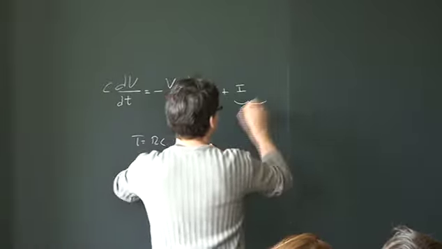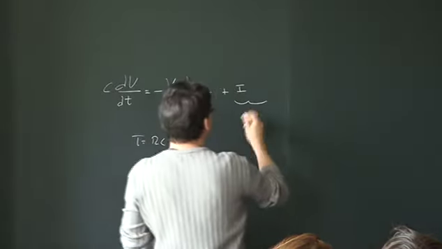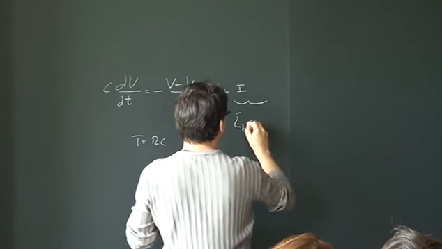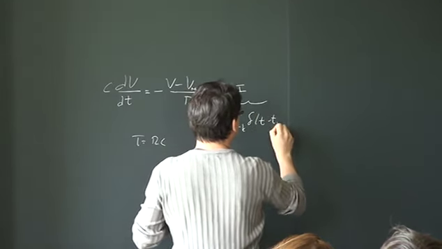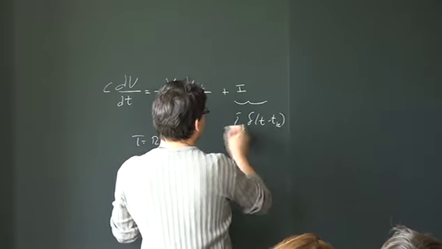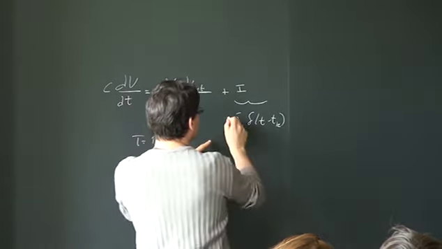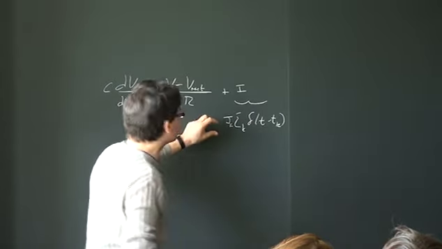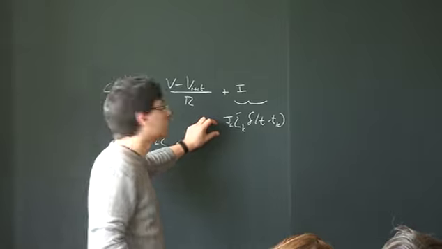This current in the model on the top will be a sum over spike times t_k of delta(t minus t_k). Let's assume all the excitatory inputs are the same, so I call them J_E, the amplitude of my excitatory input.